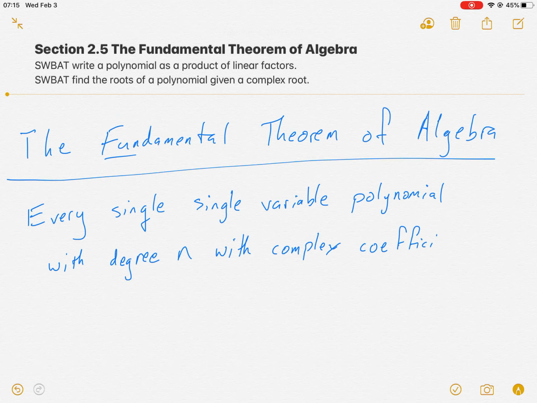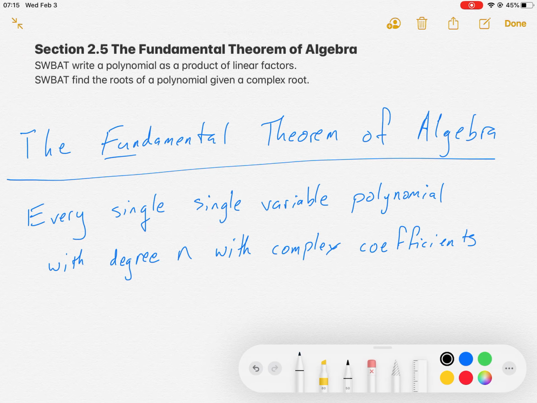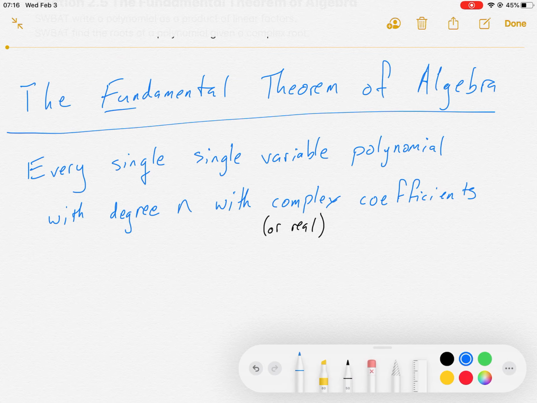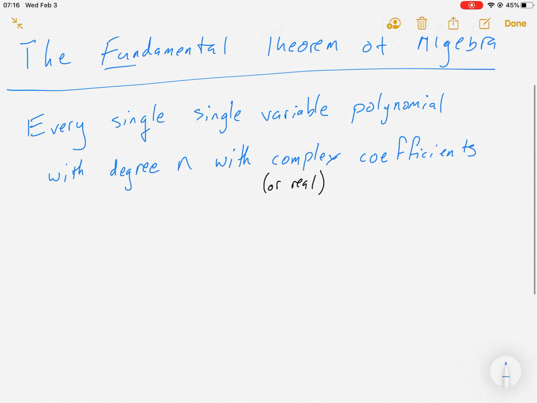coefficients. Now keep in mind here, I do want to pause just before I continue. When I'm saying complex coefficients, we've been dealing with polynomials that have real coefficients, and remember, real numbers are actually part of the complex number system, so it also applies to polynomials with real coefficients. That will apply more to us.